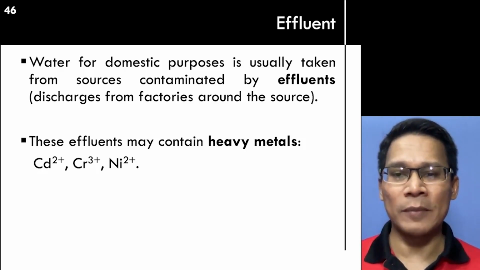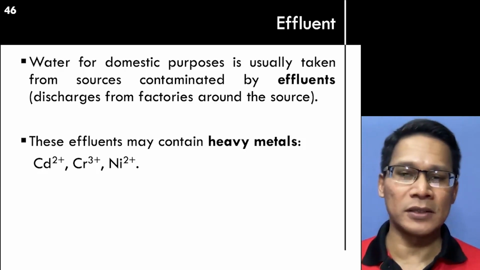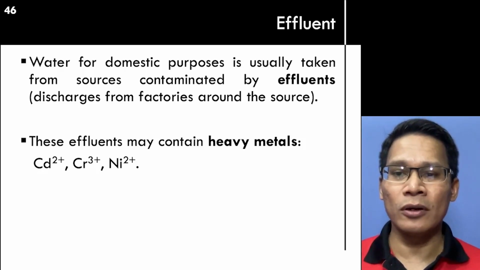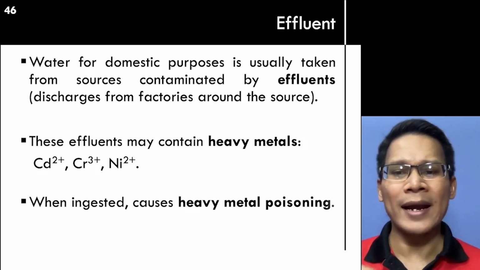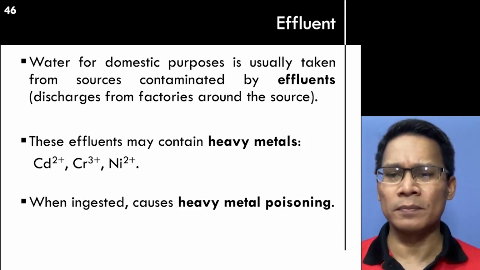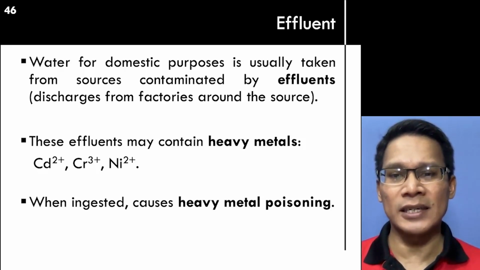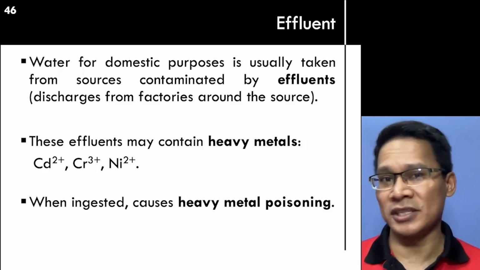Some of these harmful chemicals include heavy metals in the form of ions, such as cadmium ion, chromium ion, and nickel ion. Why are these metal ions harmful? They can cause heavy metal poisoning if ingested by living organisms such as us.